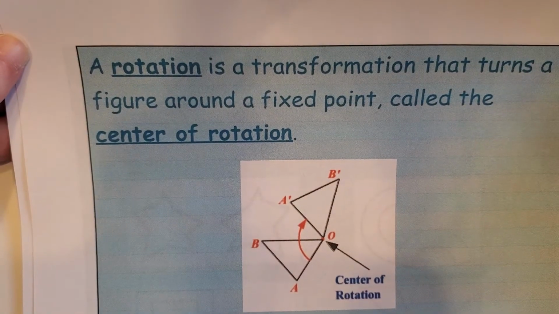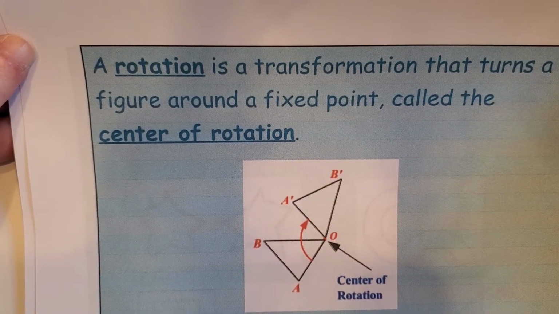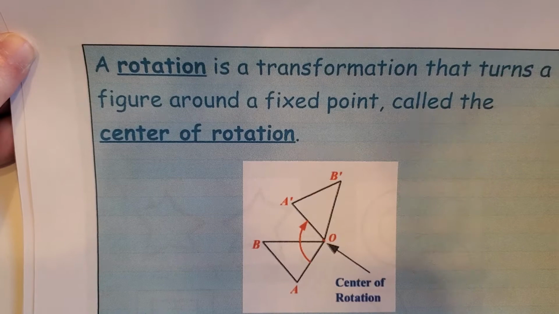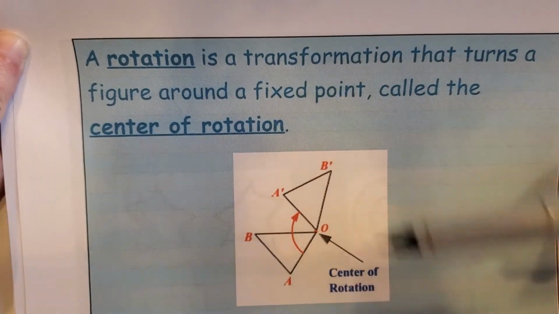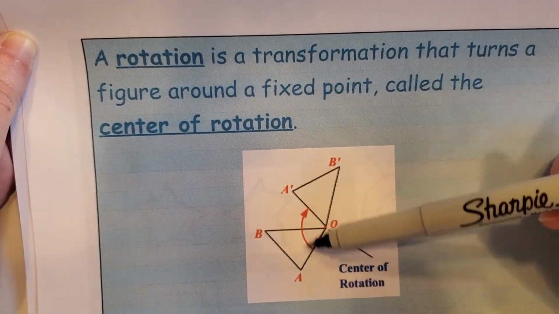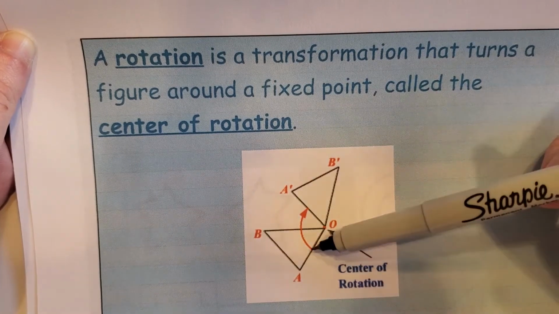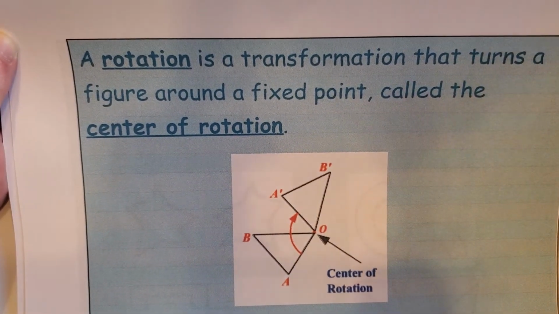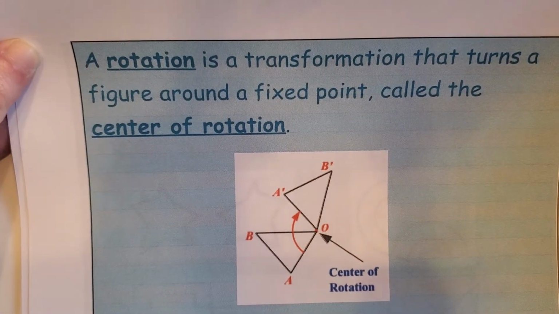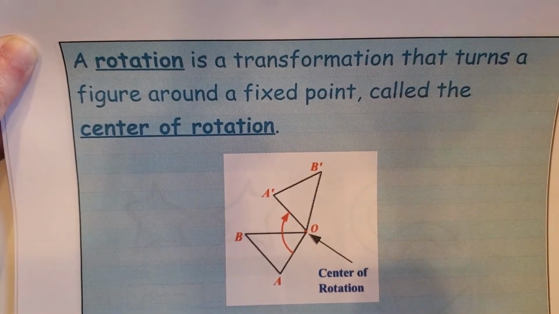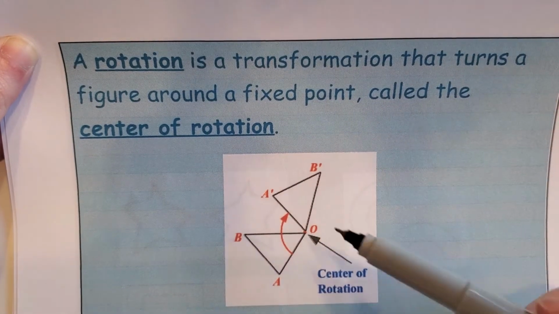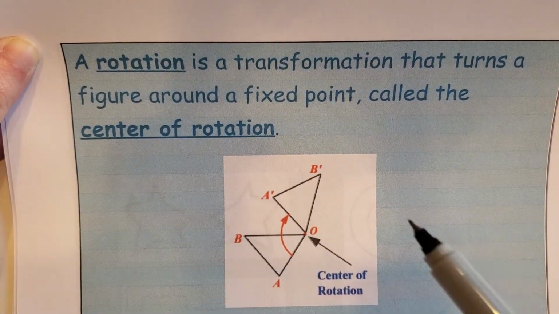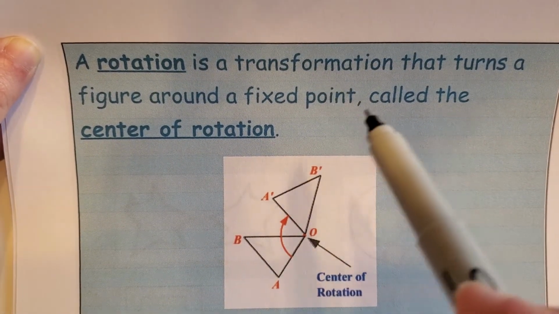Is there anything else I wanted to say about this? I don't think so. Actually, the only other thing I should mention is that when you rotate, you're rotating a certain number of degrees. Athletes might do this kind of thing with figure skating, where a full 360-degree turn is all the way around.